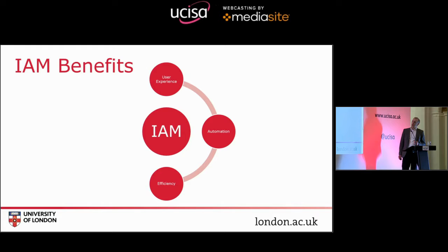There are benefits around automation, so removing error-prone rekeying of personal information, driving processes from data in source systems and making that reliable, and also then pushing that ownership of that data back to departments within the university, so we don't have to worry about making sure that data is accurate from an IT point of view.